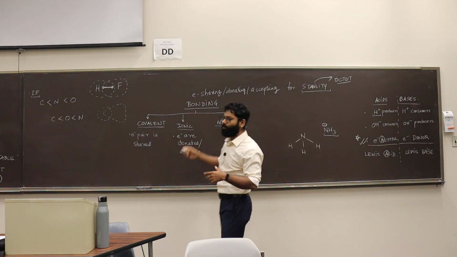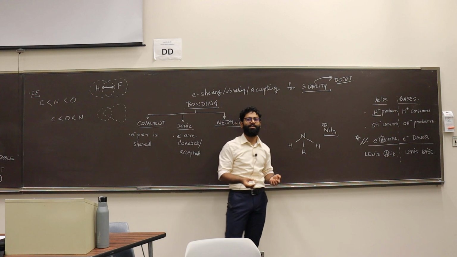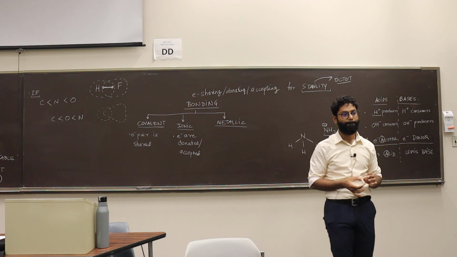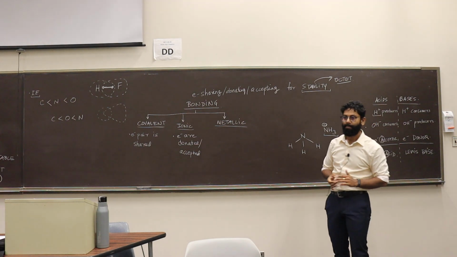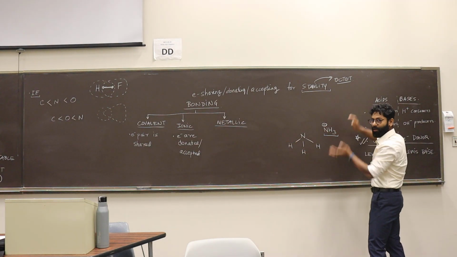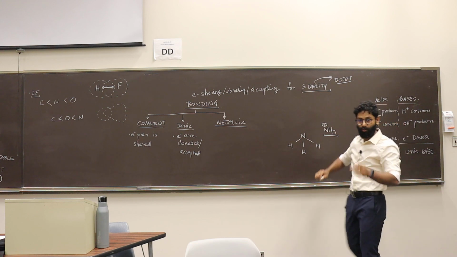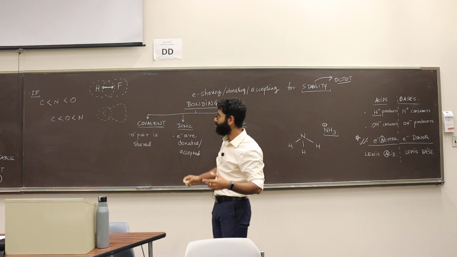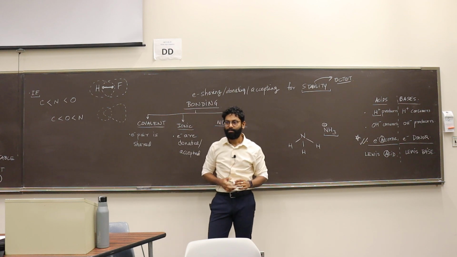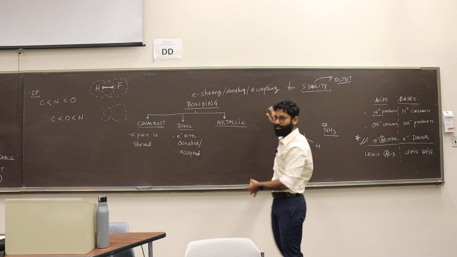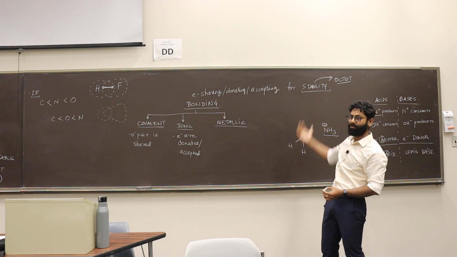Now, take a guess for the most electronegative element in the periodic table. It has to be on the right, on top. Chlorine or fluorine? One of the two. So it has to be one of the halogens because they are on the right hand side, and the top is fluorine.